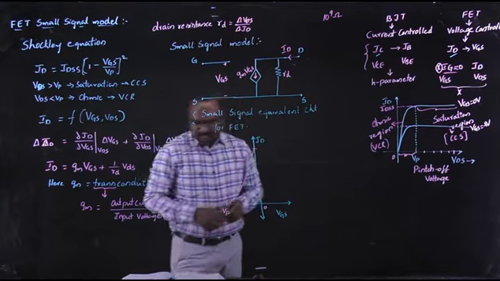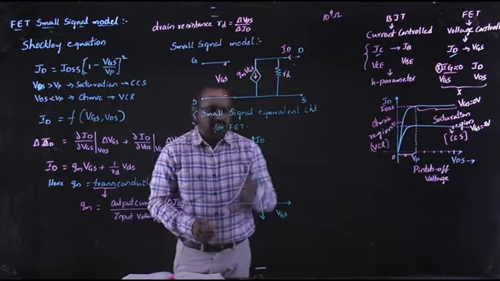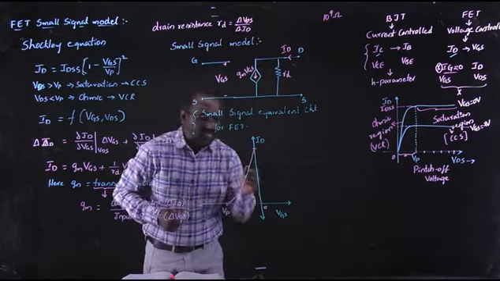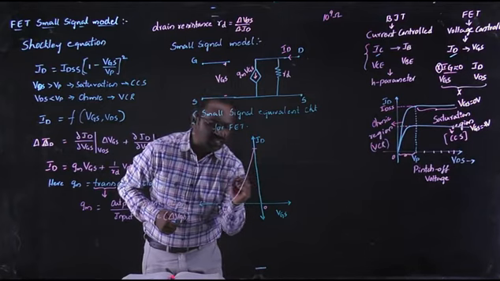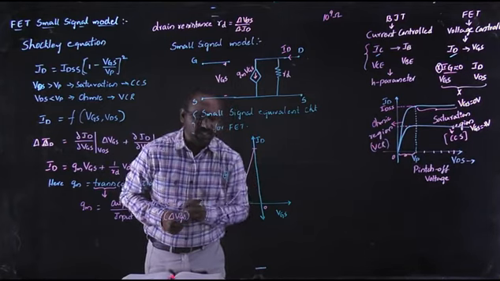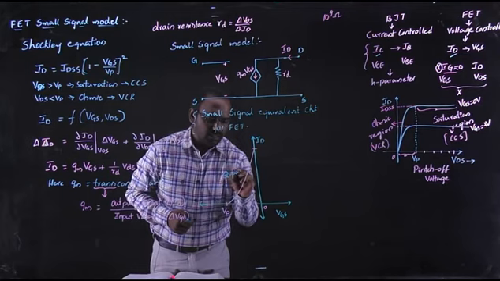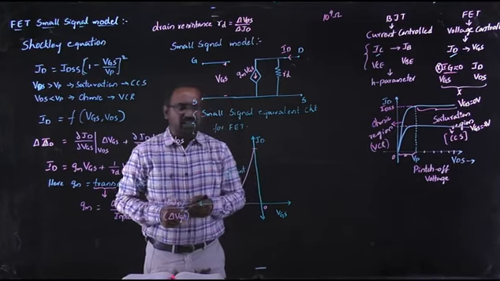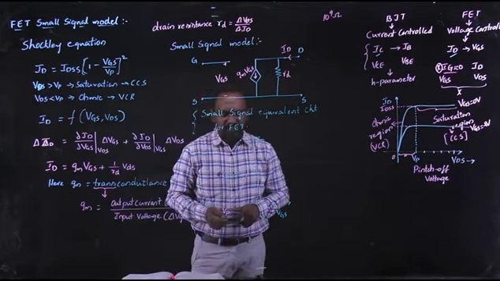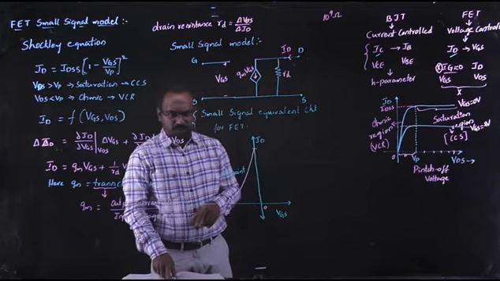Generally on this characteristic curve, we will indicate our Q point. We have already discussed how the Q point is fixed on the characteristics, and we have done different types of biasing circuits.